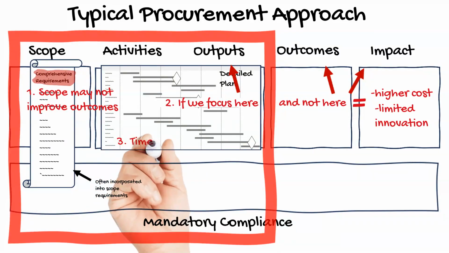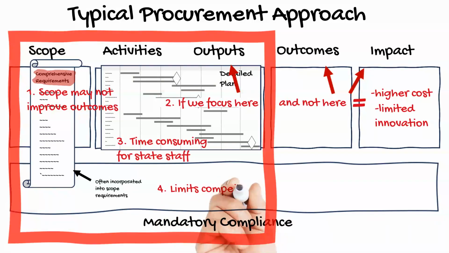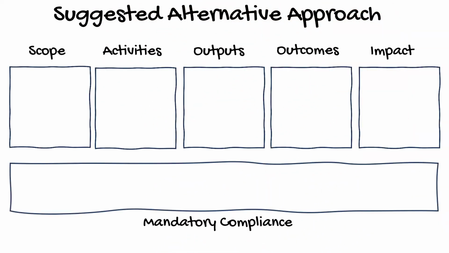Three, the time governments spend deliberating over the scope, activities, and outputs is often significant, preventing them from focusing on the outcomes for the people they serve. And four, the barrier of entry for requirements-heavy contracts is high, which can limit competition to a small handful of incumbent companies.